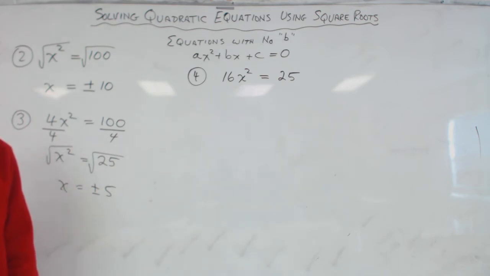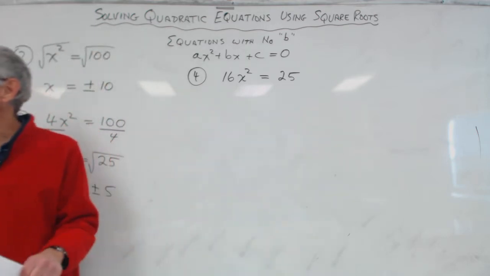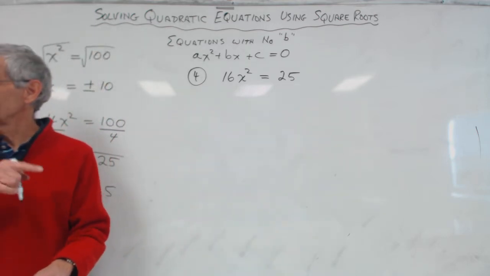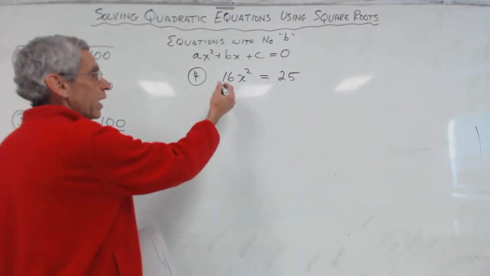Remember, we don't want to really square root this with the 16 in it because we wanted to say x equals, not 4x equals, right? I mean, we could. It would just be a little longer. But I think this is what I would do.